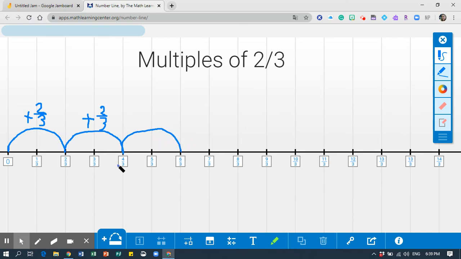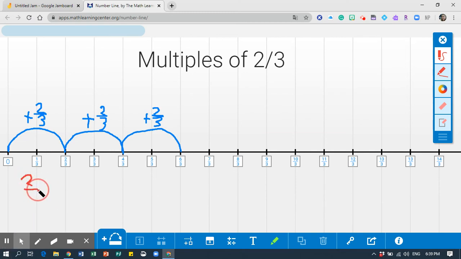There you go. 4/3 plus 2/3 gives me 6/3. That's my next multiple.